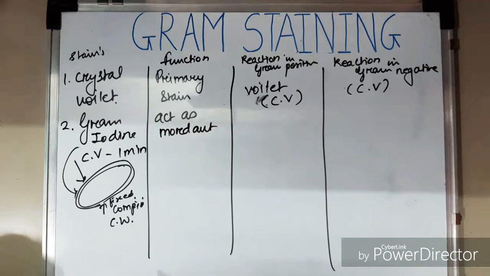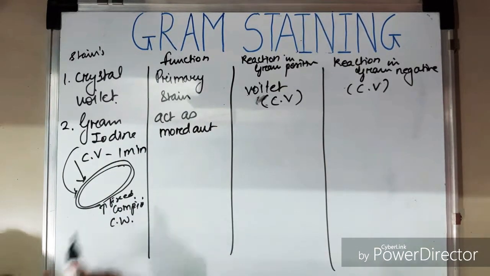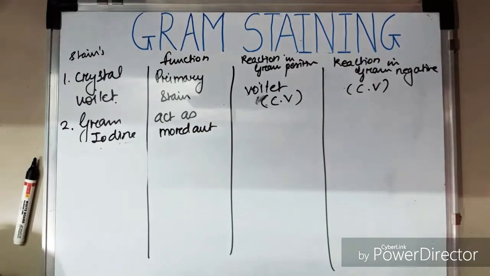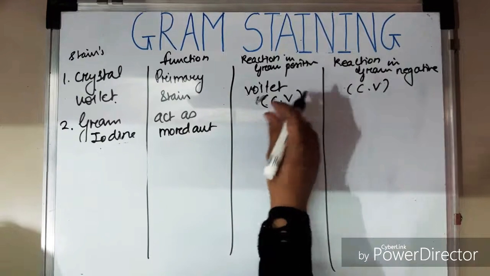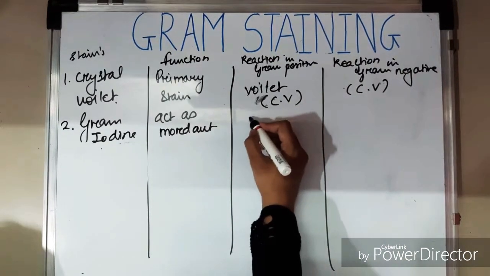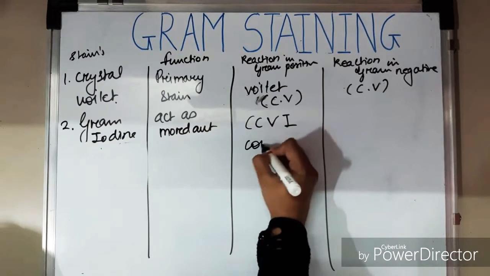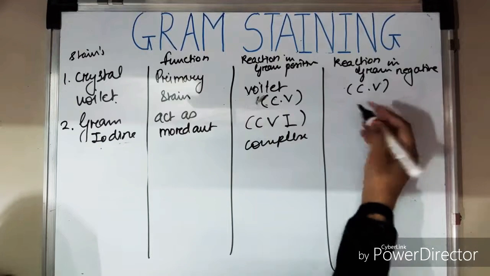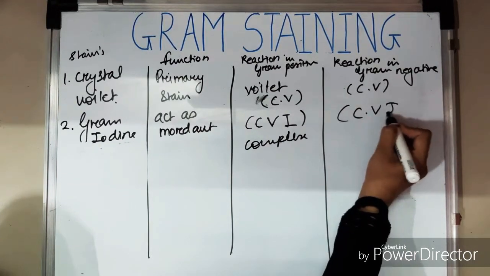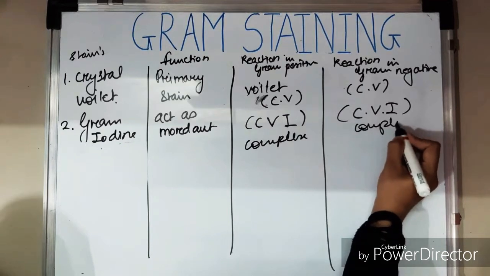Depending on the composition of the cell wall, this mordant will fix the stain in the cell wall of the cell. So this mordant, what it does in gram positive bacteria, is that it forms the crystal violet iodine complex. In gram negative also it forms a CVI complex, which is the crystal violet iodine complex.